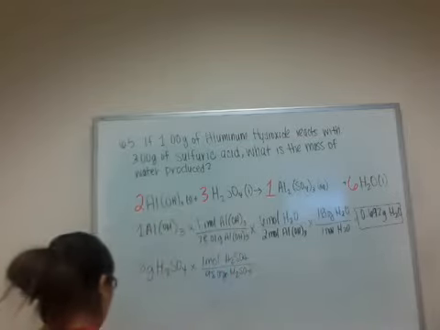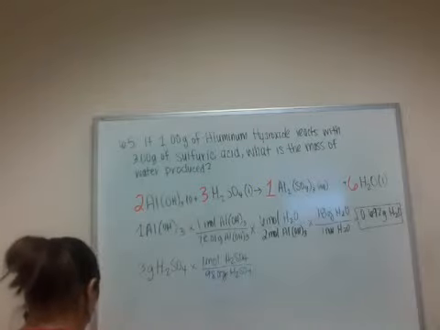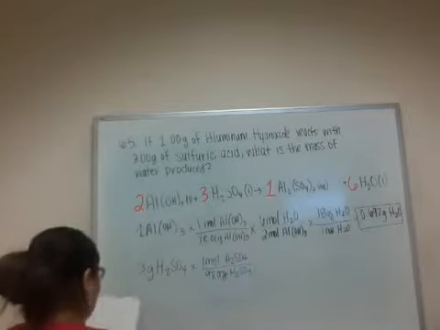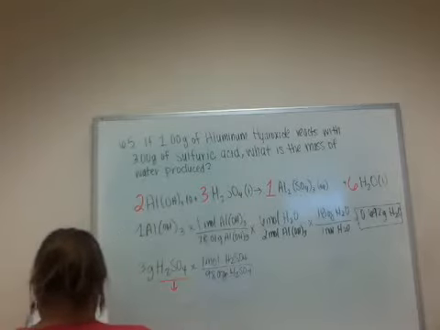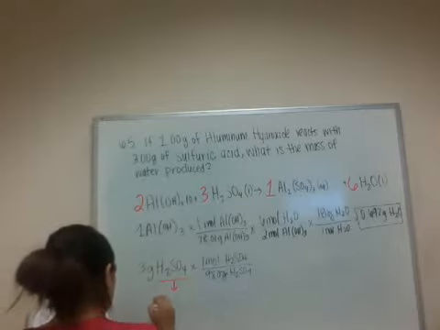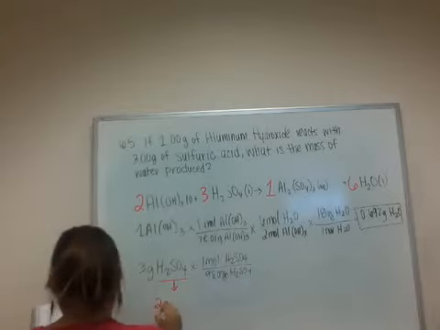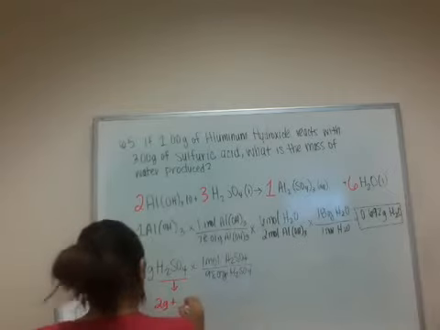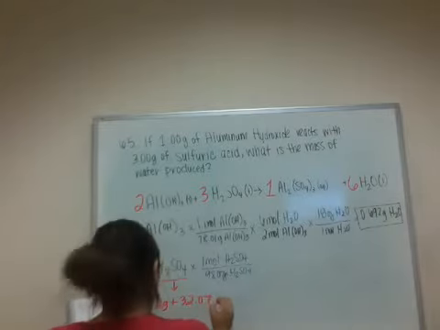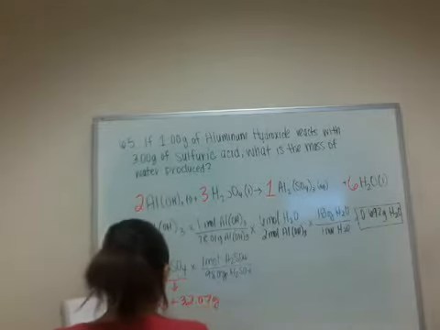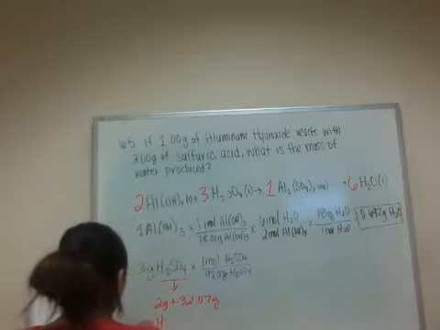The reason you have 98.07 is you have your H2SO4 molecule, which has 2 hydrogens, which is 2 grams, plus 32.07 grams for the sulfur. So this is your hydrogen times 2.